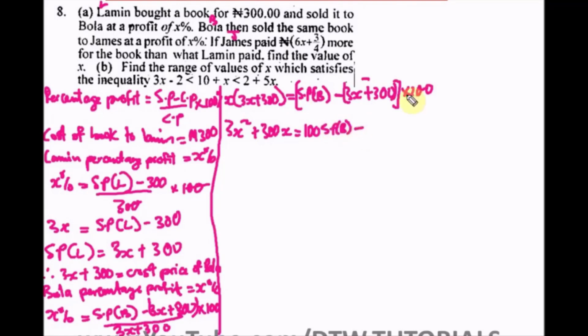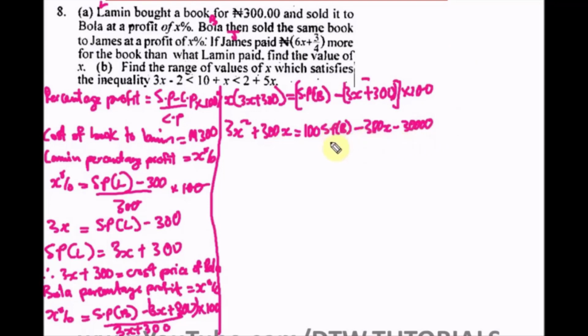Okay, minus 100 times minus 3x will give us 300x, and 100 times 300. We know this minus sign multiply this plus to give us a negative, so we have a negative here. So 100 times 300 will give us 30,000. All right, so we're left with this.